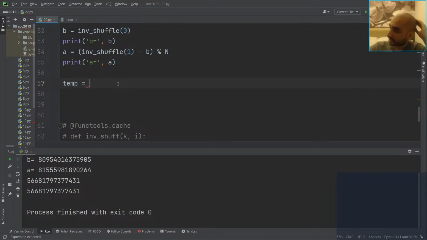You can't divide. Oh, I forget. So you have to find the modular inverse of A minus 1. Okay, N is a prime, so every element has a modular inverse.